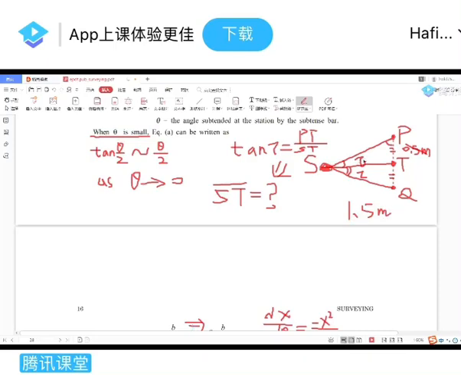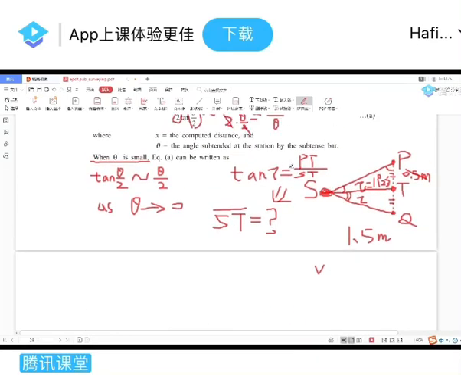And the angle you measure, supposedly, is, let's say, 11 degrees 23 minutes. Now, how much is ST? Based on basic trigonometry, it won't take you too much time, at most 2 minutes.